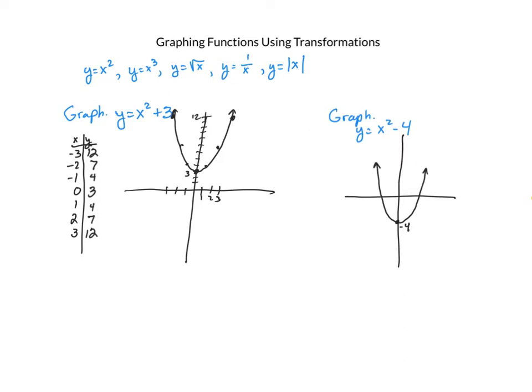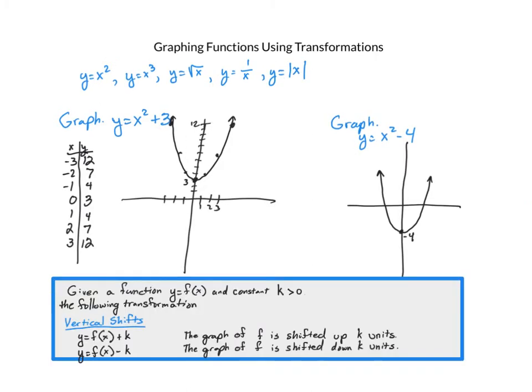The nice thing is that shifting graphs up or down works the same for all functions. If we take a particular function and add a constant to it, the parent graph would be shifted up or down appropriately. Let's write the summary of that. So here it is.